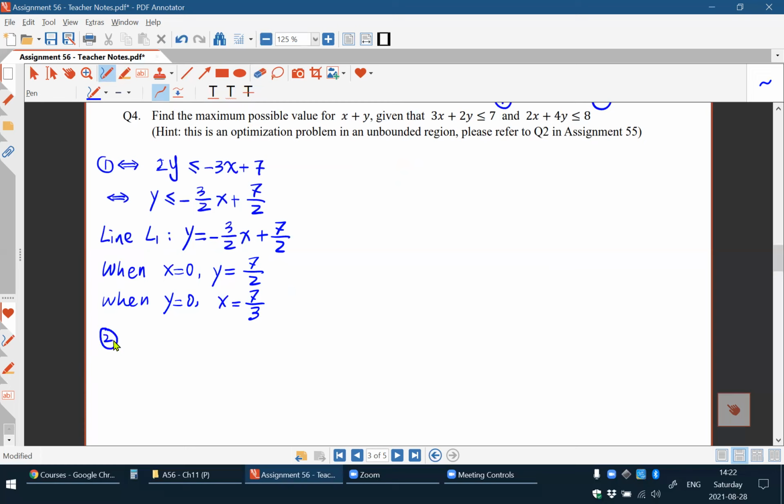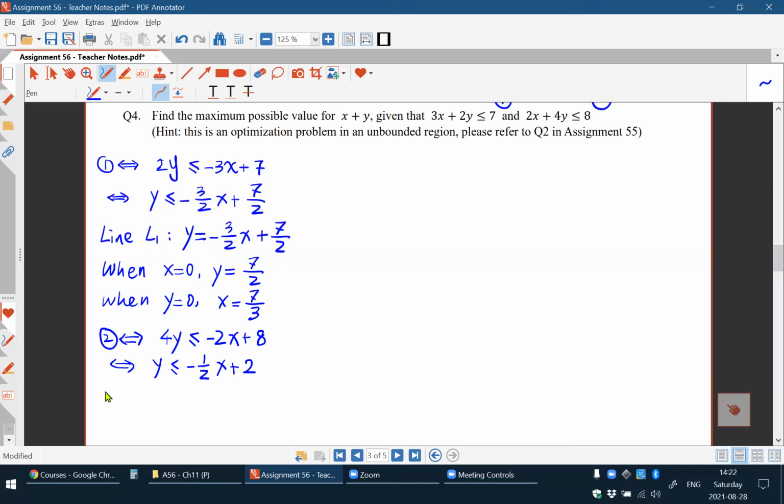Okay, number 2 is equivalent to 4y less than or equal to minus 2x plus 8, which is equivalent to y less than or equal to minus 1 over 2 x plus 2.